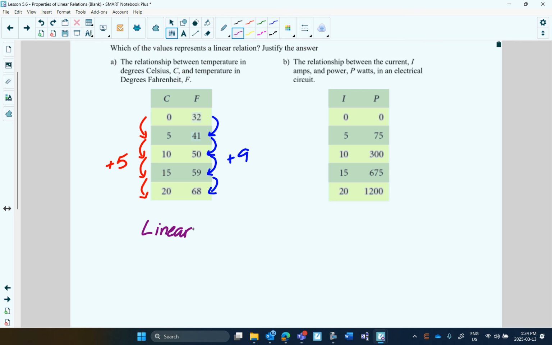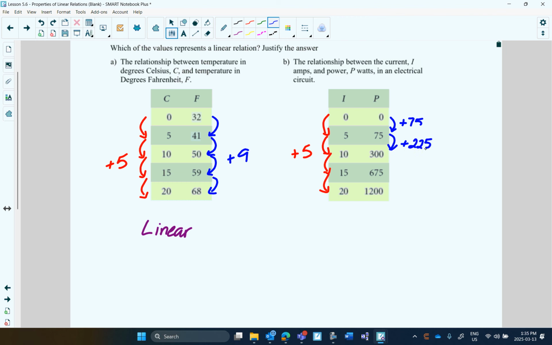This next one, well, we can see for the amps, it's also going up by 5 every time. But look at the watts, the power. It goes up by how much? And then 325. Stop. It's not going up by the same amount. This is plus 75. Now all of a sudden it goes up by something different.